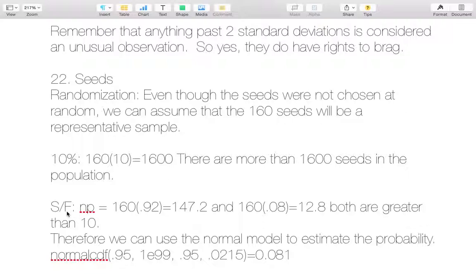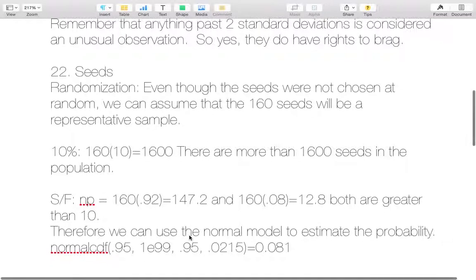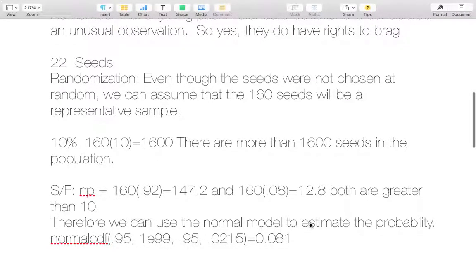What the success and failure condition says is that if you multiply your sample size times the probability of success and the probability of failure, then we need to make sure that we have at least 10 successes and 10 failures. If I have both 10 or more, then we're okay. We're clear to use normal CDF to describe everything. In this case, we went through that, and it's obviously clear. One was close, but it was fine. So both are greater than 10, so therefore we can use the normal model to estimate.